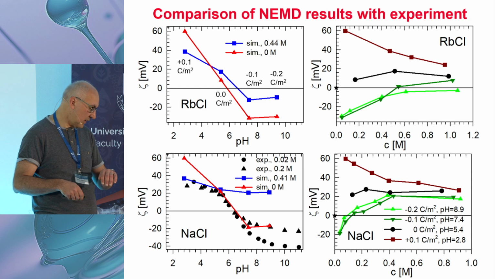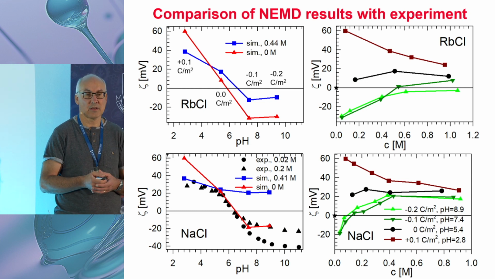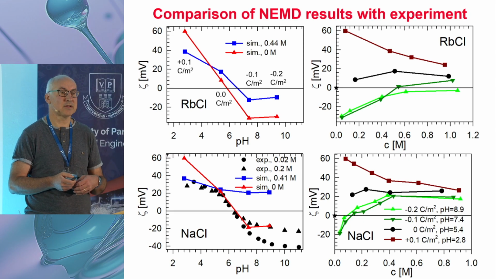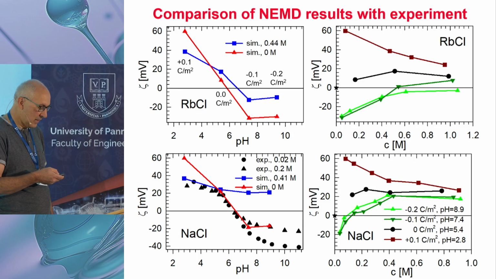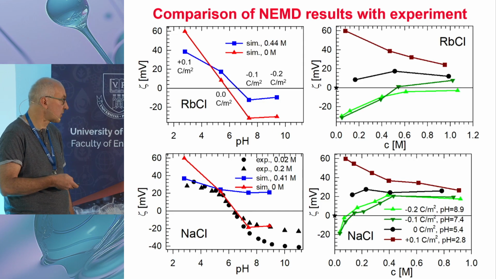But the huge advantage of simulations is that not only do you get the results, but you get the molecular view, and you can deduce the origin of the phenomena you see. And so in this case, we have seen what's the difference in the case of sodium.